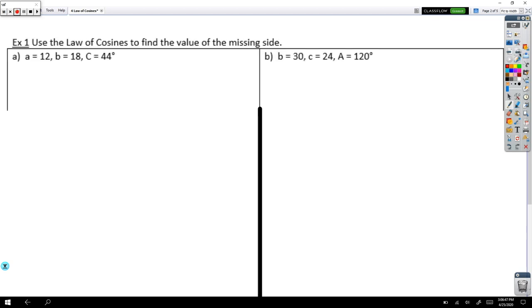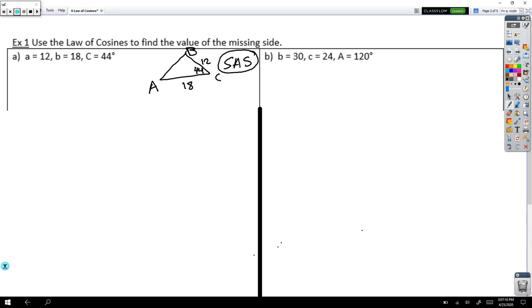So let's look at an example. First, we're going to start with looking at SAS. So set up your triangle first. Alright, so we have A, B, and C. So it tells us side A is 12, side B is 18, and angle C is 44 degrees. So we have SAS.